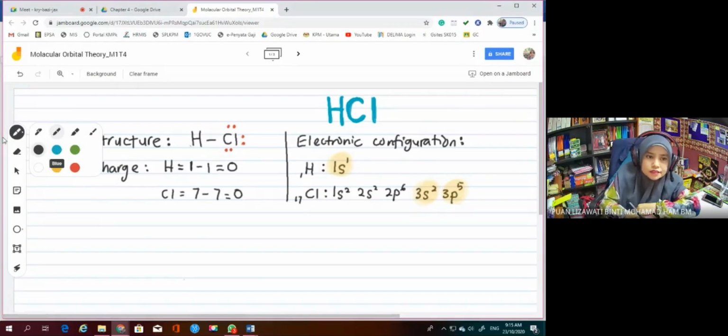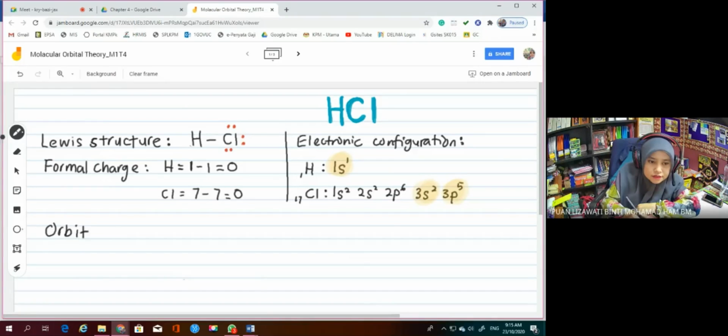So after we have done the Lewis structure and formal charge, you have to write the orbital diagram. Okay, draw the orbital diagram for both the center and also the terminal atom. So right here we have hydrogen, located in 1s, spin up. Okay, and then Cl.